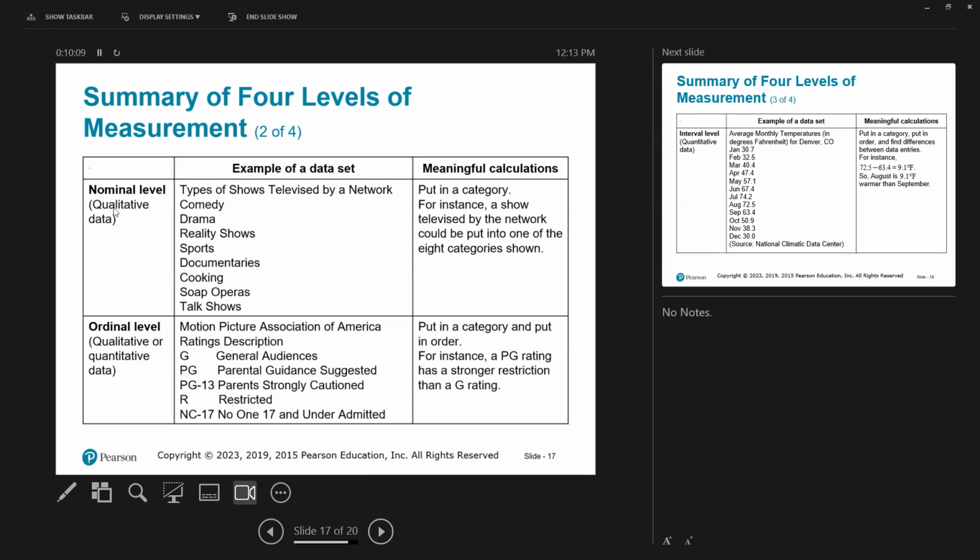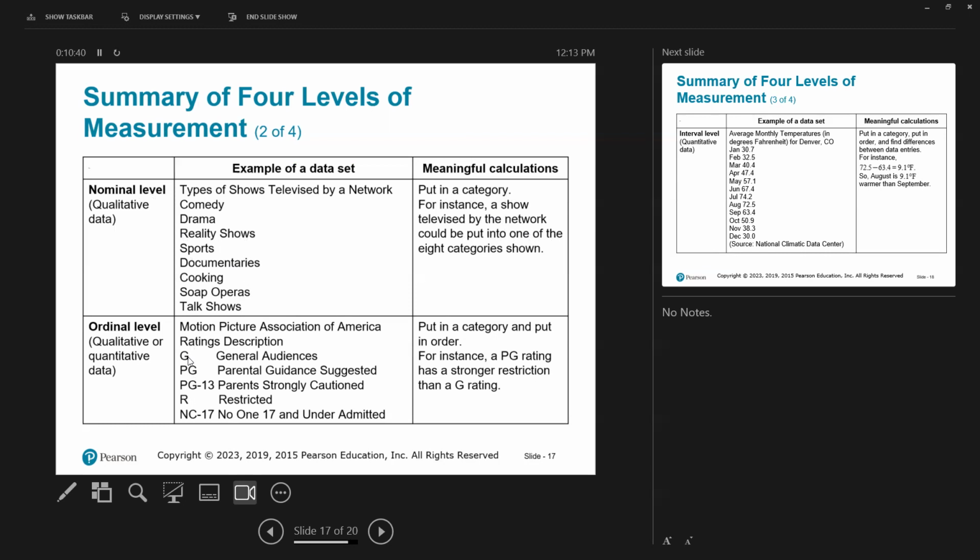Now, if you look at some examples: for nominal level, which is qualitative data, types of television shows by network: comedy, drama, reality shows, sports, documentaries, cooking, soap operas, talk shows. This data set is nominal data because you can put them in categories. A show which was on TV by the network could be put into one of the eight categories shown.